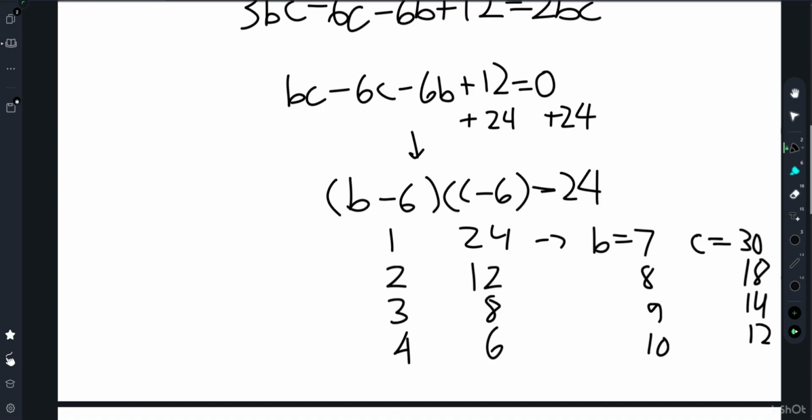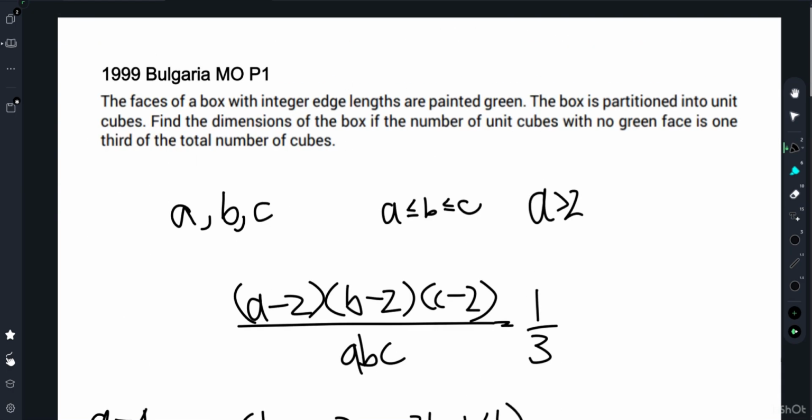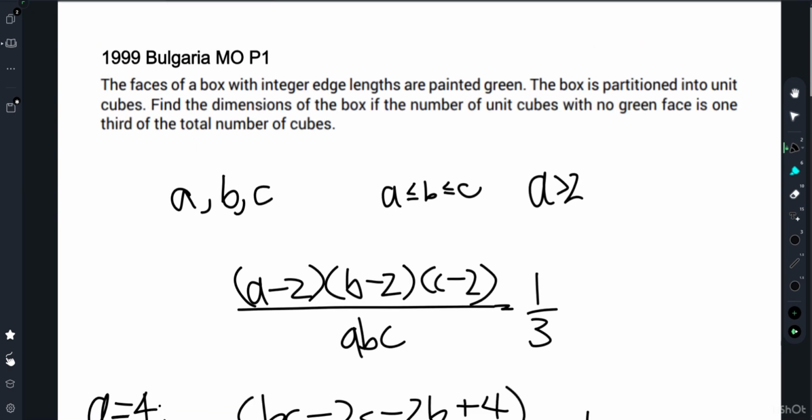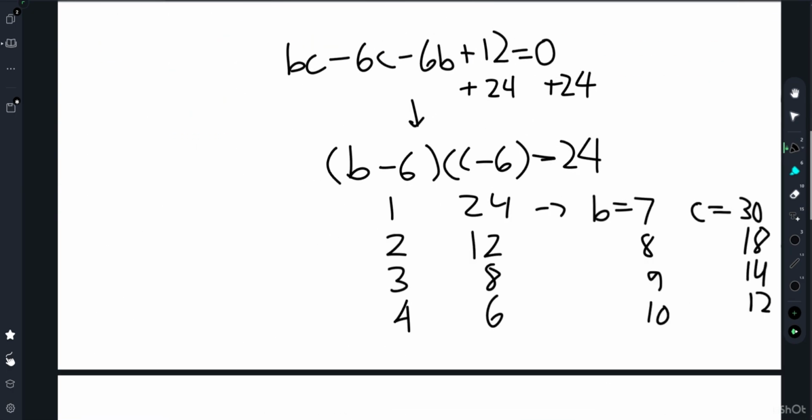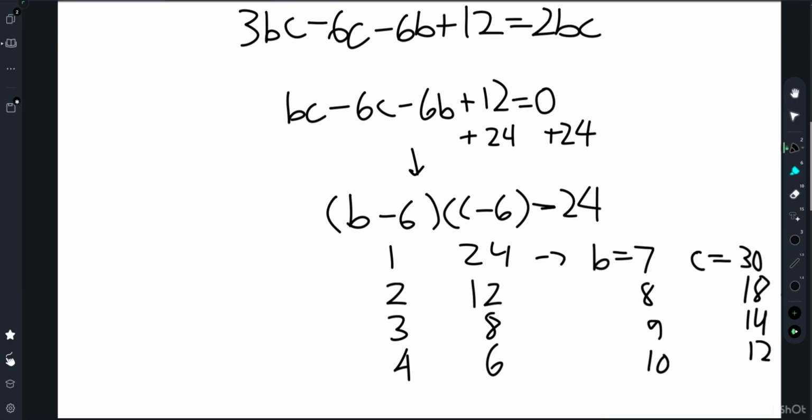And so now let's compute the volumes, because it's asking for the volumes. Since A equals 4, the volumes we have are 4 times 210, which is 840. 4 times 8 times 18, which is 18 times 8, what is that? 144.